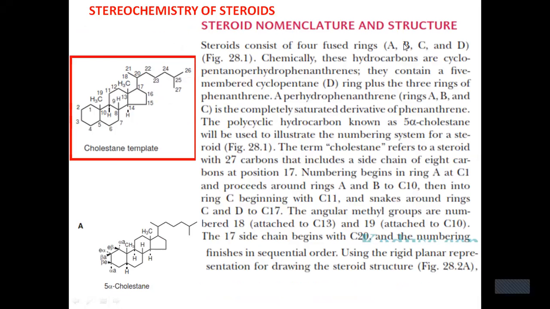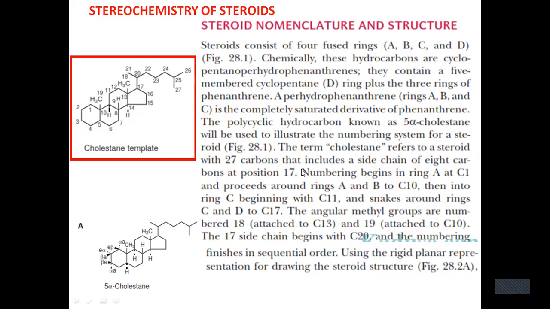Now the nomenclature. As I already told you, it is the cyclopentanoperhydrophenanthrene ring. Okay, so it is a polycyclic hydrocarbon with the 5 alpha system. Alpha system refers to the presence of any group or any hydrogen at the fifth position.